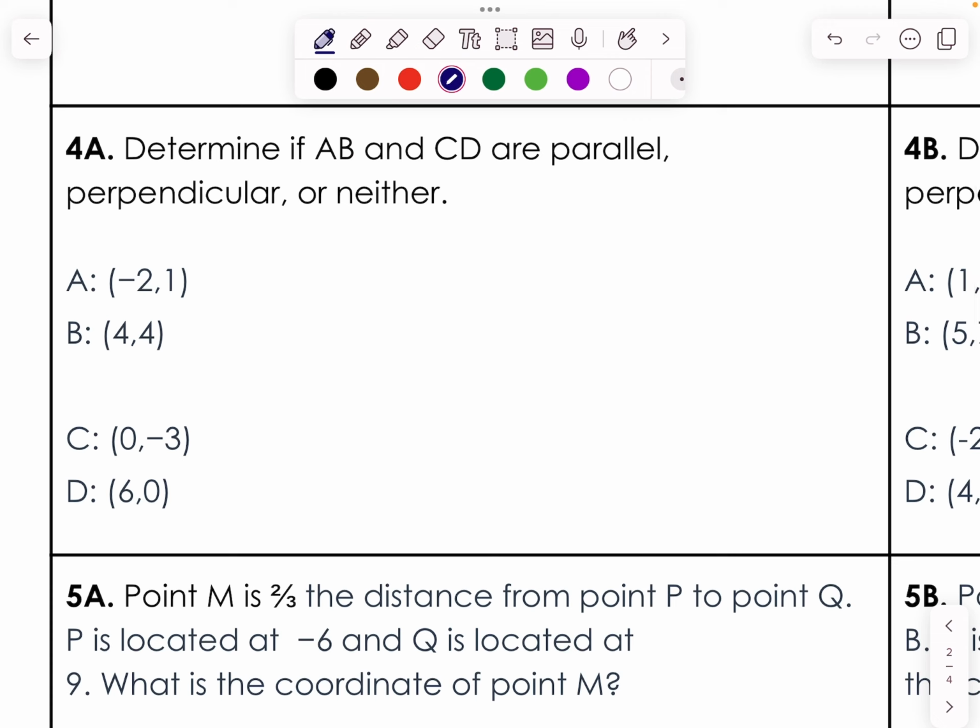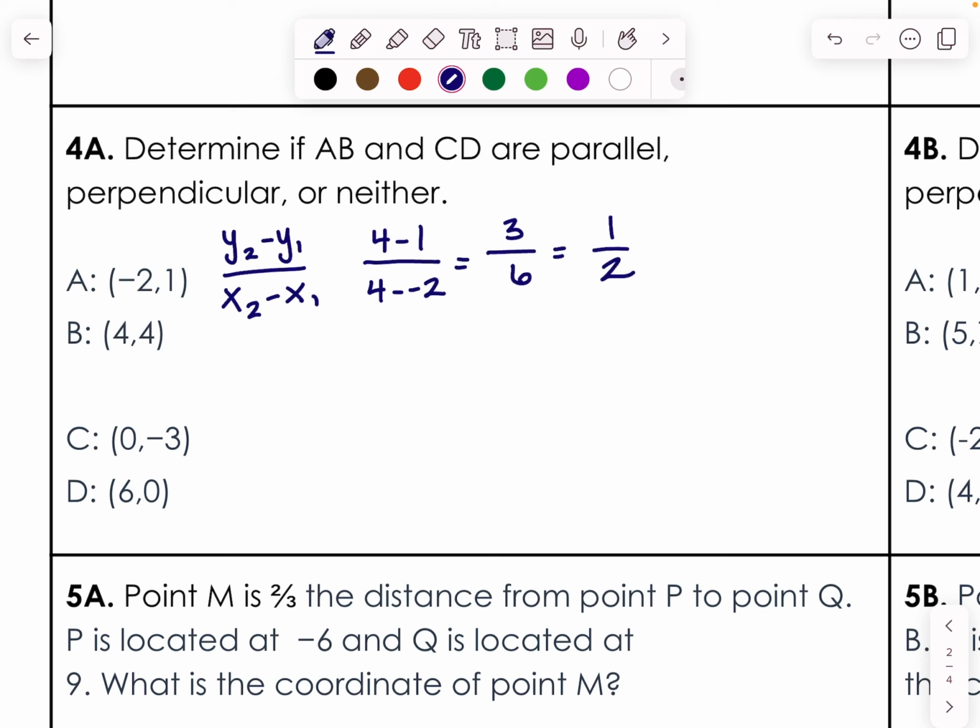Okay, so for A, determine if AB and CD are parallel, perpendicular, or neither. We need to find the slopes of both of these. Our slope equation is y2 minus y1 over x2 minus x1. So that's going to be 4 minus negative 2 over 4 minus 1... so I get 3 over 6, which reduces to 1/2.